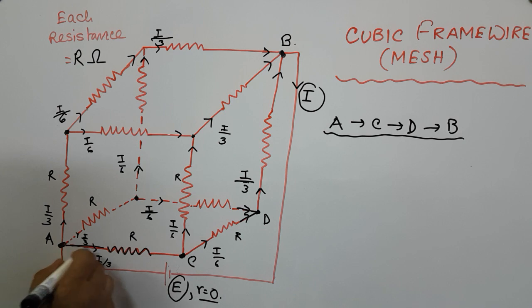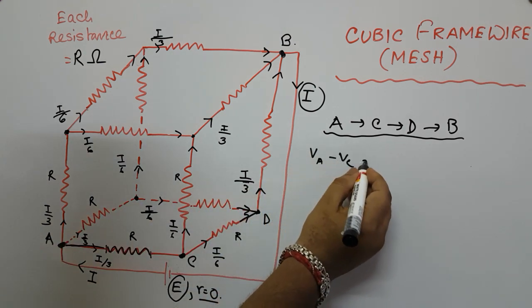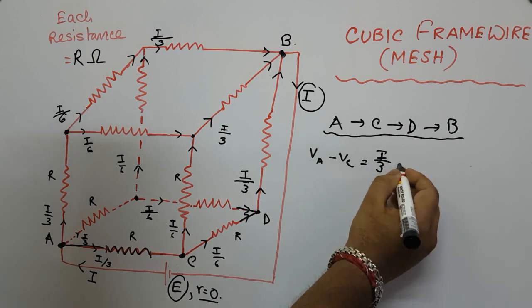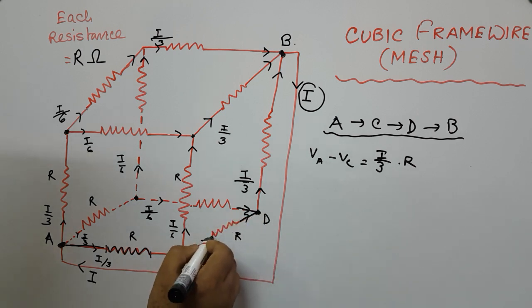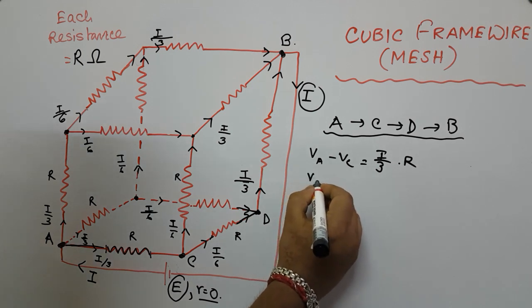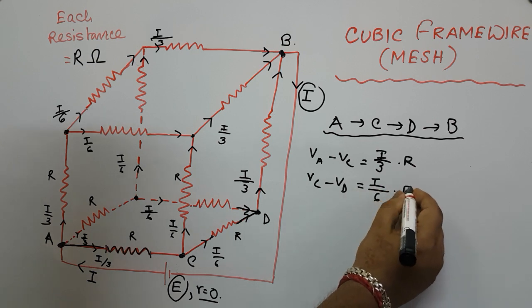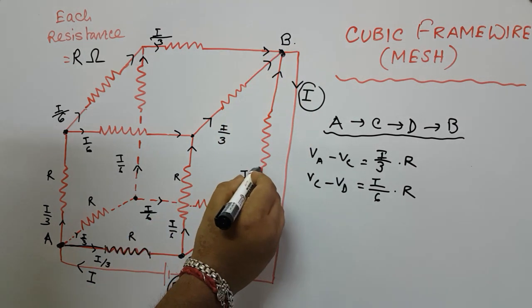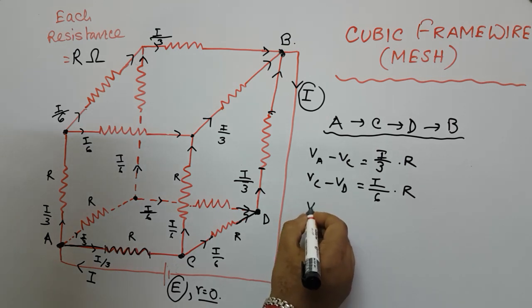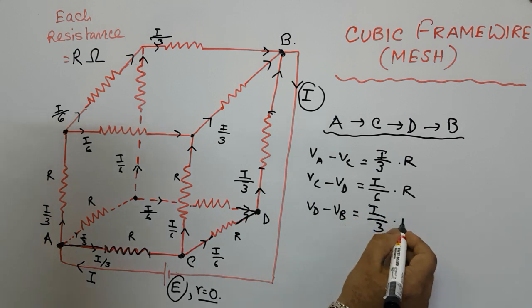So the voltage drop across this resistance, VA minus VC, will be I by 3 into R. Similarly, VC minus VD, the voltage drop across this resistance, will be I by 6 into R, since I by 6 current is flowing through the resistor R. And VD minus VB will be again I by 3 into R.